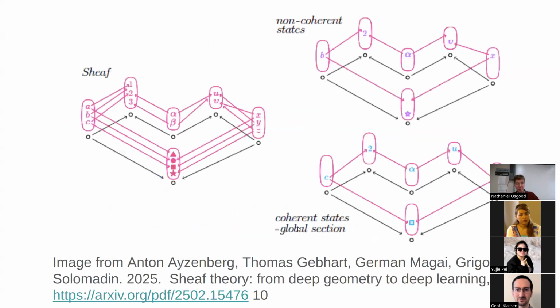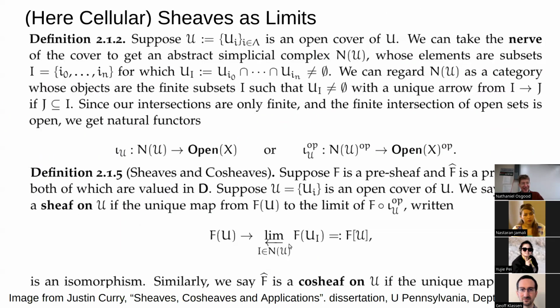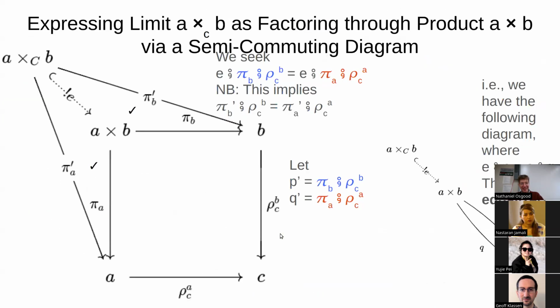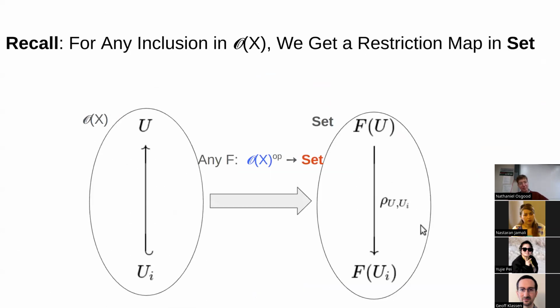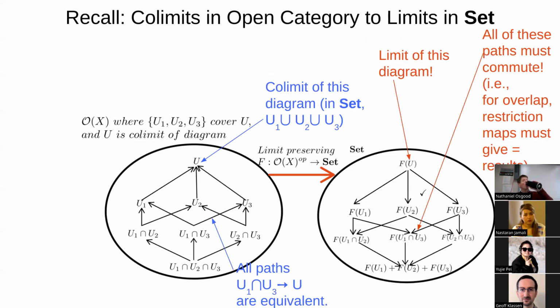Read this book as well. Did you? Yeah, because I want to know. This is Justin Curry's thesis. I want to know like sheaf, co-sheaf, pre-sheaf, co-pre-sheaf, and the relationship among them. Yes. So I read that introduction part.